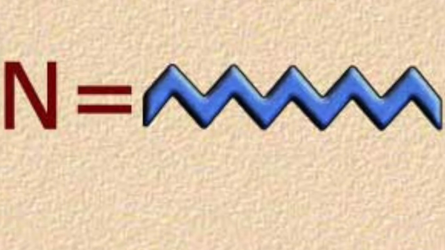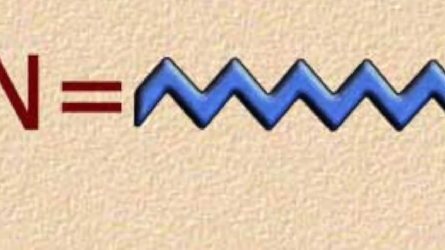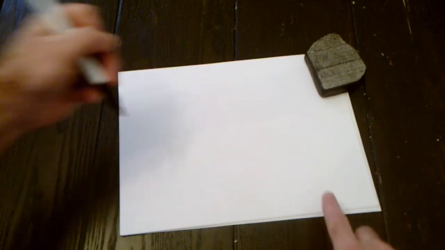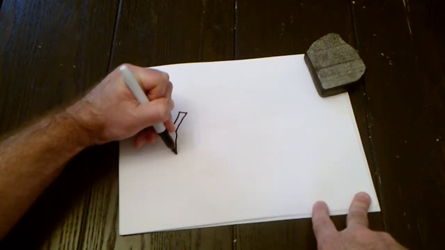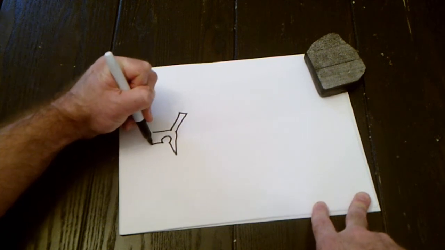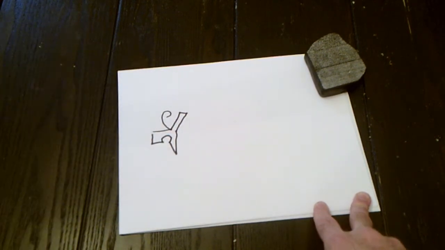And as you recall, N can also be written as a wavy line, which represents water or energy. But we're going to look at how to draw the crown of Lower Egypt, which came before, and eventually the crowns were combined into one. All right, start with a line. Go up, back down at an angle, circle, and back up. And then we add a little twist, a little loop.